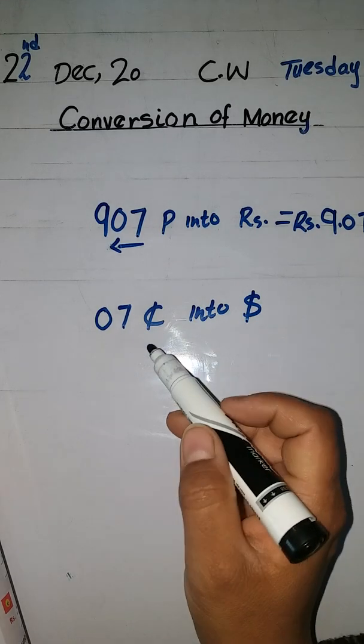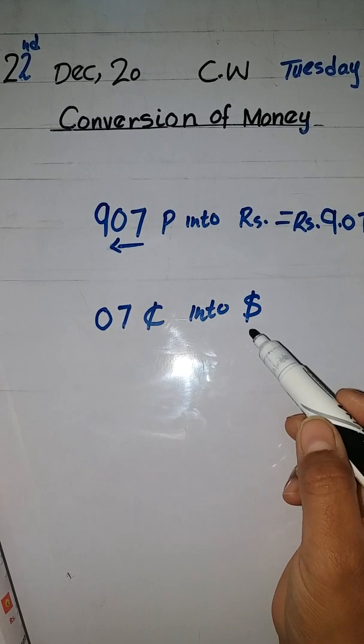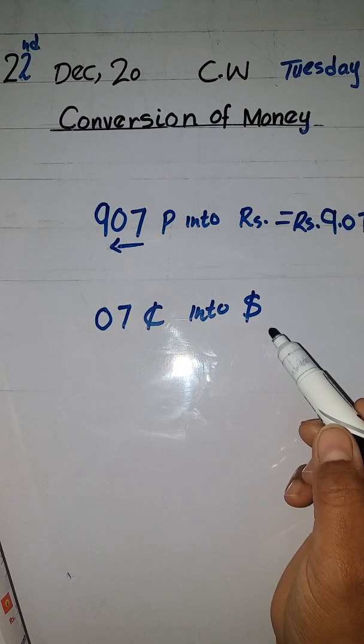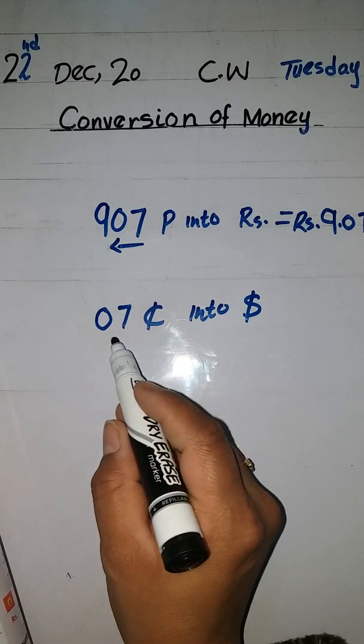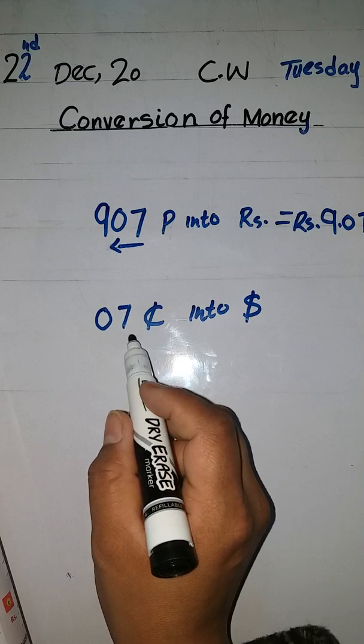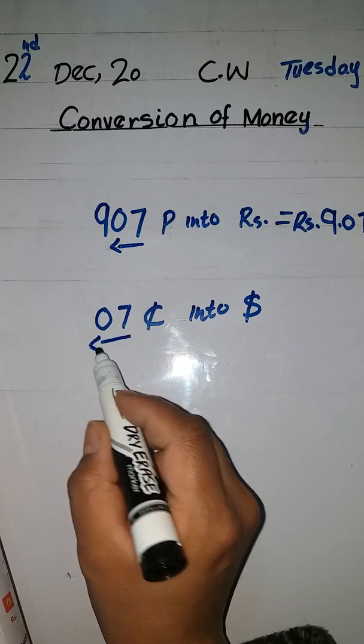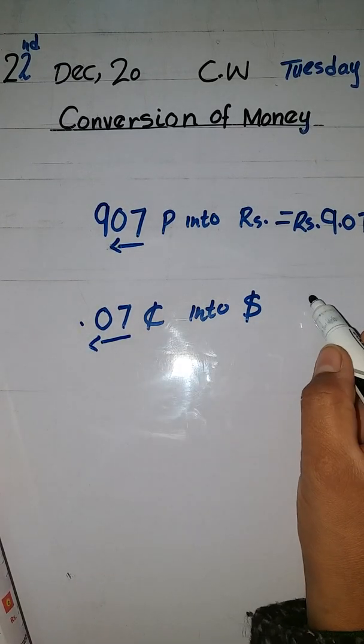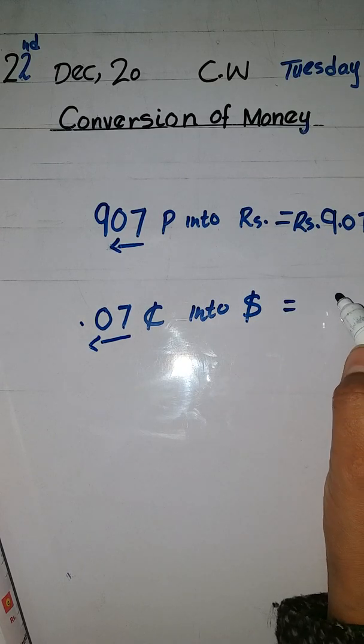Okay. In the case of cents to dollars, what you have to do, you are given here again, start from the right, count 2 digits left, put the point. So what will the answer be?